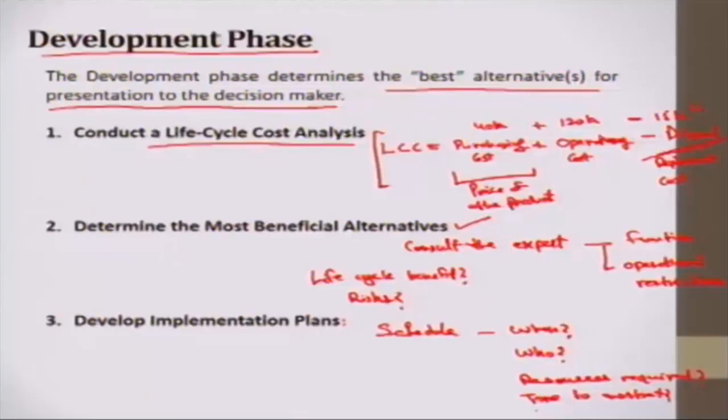So then also the necessary documents and timing requirements, the coordination requirements, documents which are required, and so forth. So this is developing implementation plans. We will see a case study in the next lecture. In that we will see all these steps, and we will see how we conduct the value engineering on a specific product, and finally we will have the cost savings.